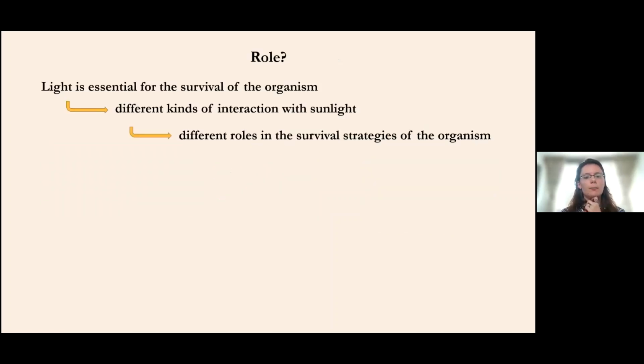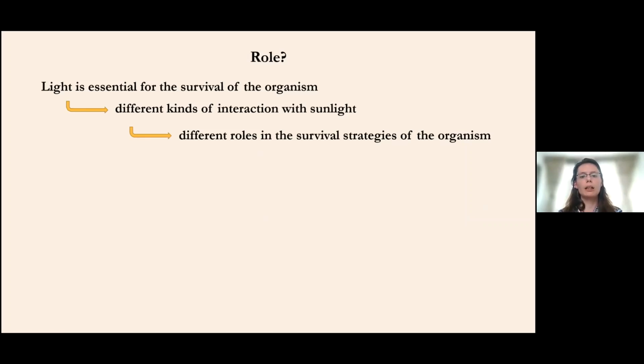And we know that light is essential for the survival of the organism, so it would be interesting to look into what kind of different interaction you would have depending on those types of structures, and also compared to what photosynthesis actually does in terms of interaction with light.